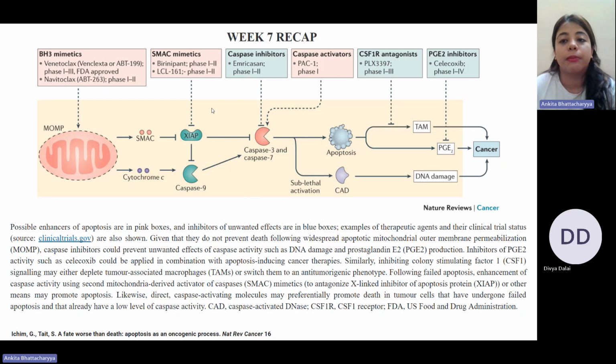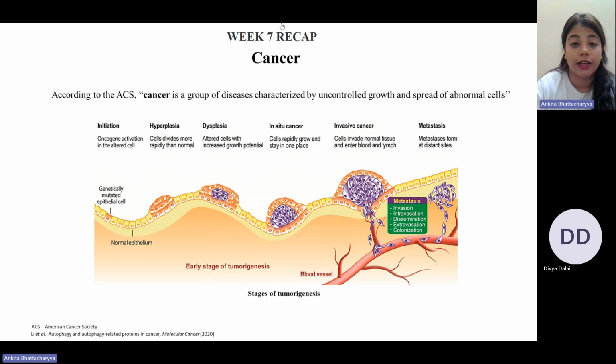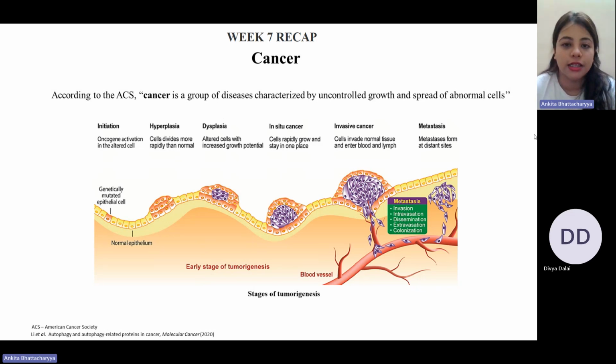We have some which have completed 4 levels of these trials, for example, celecoxib, and after all the levels of clinical trials are carried out, then they are acceptable for marketing or commercialization and for patient treatment to be actually carried out. So it's a long process, but certainly it is necessary because these are very serious drugs, and the way in which they work has to be taken very seriously.